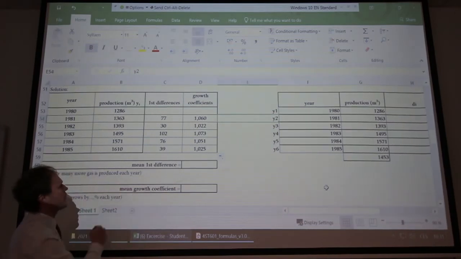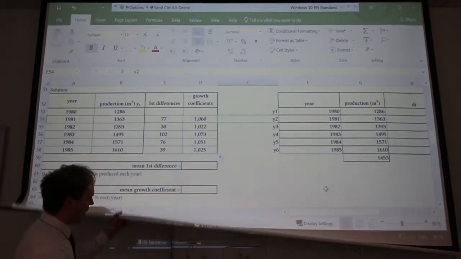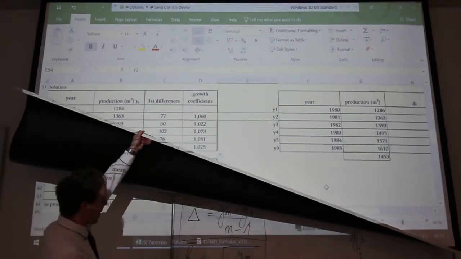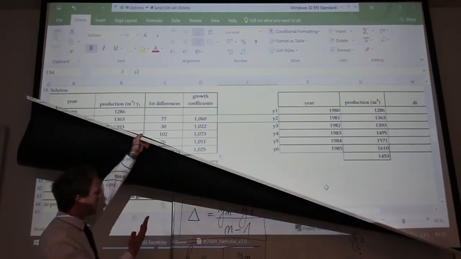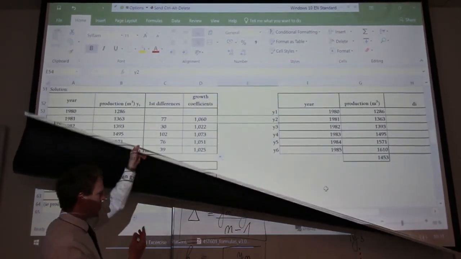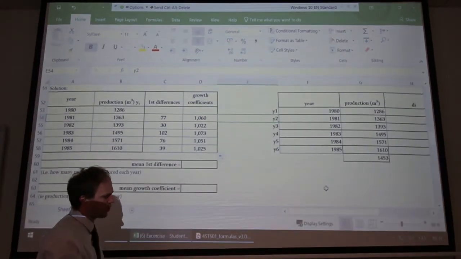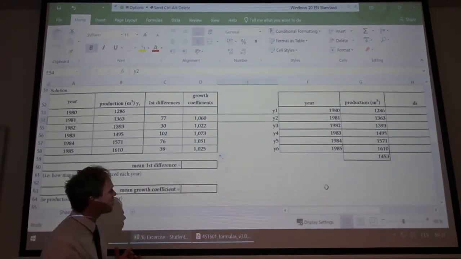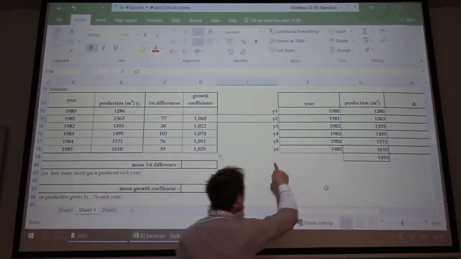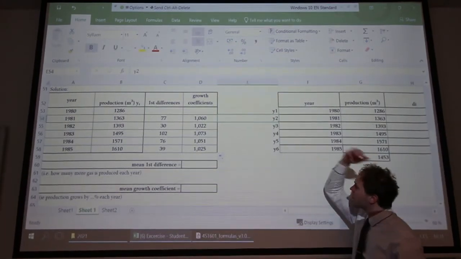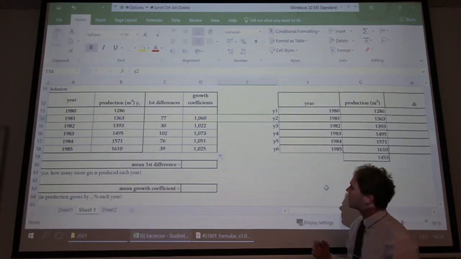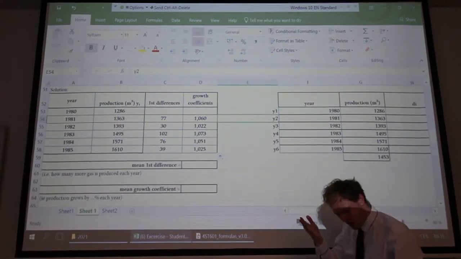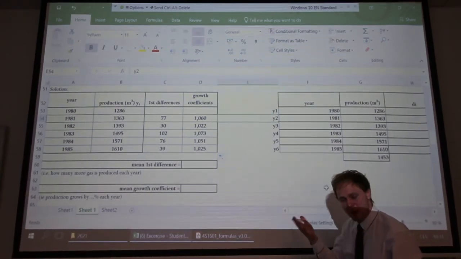Do you remember this delta, this delta with a stripe? Last observation minus first observation divided by, and in the denominator is written n minus 1. We know that we have 6 observations, so in the denominator will be 6 minus 1.